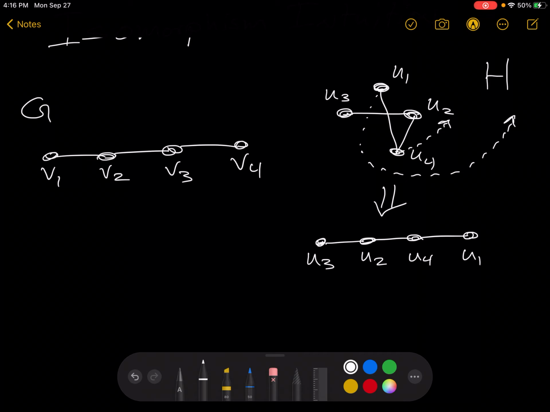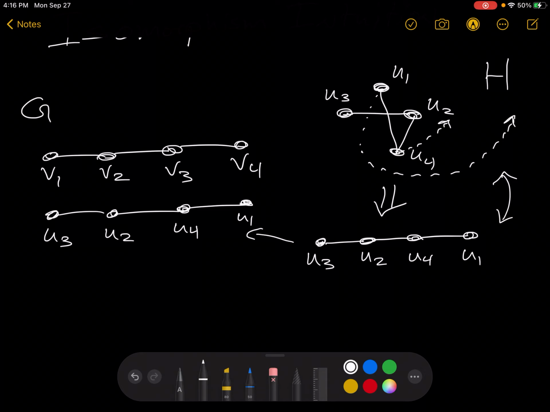And so these two here are the same graph. And then notice what you could do. If we move this thing over here a little bit, put them right here like this: U3, U2, U4, U1.